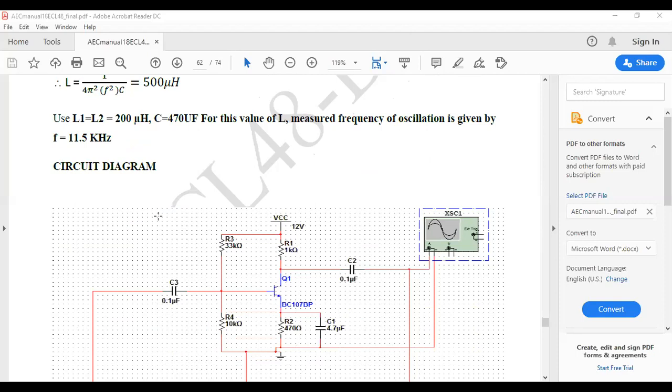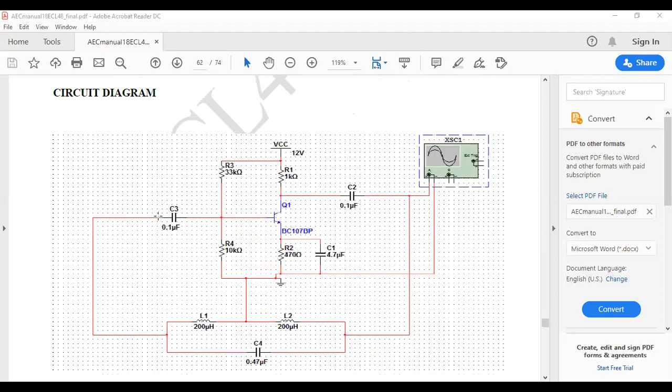Now let's start with Multisim. Next, I'm going to share the Multisim software.